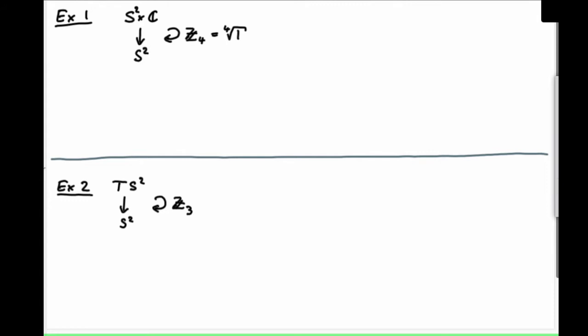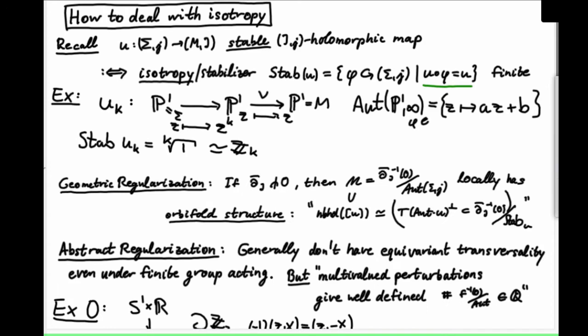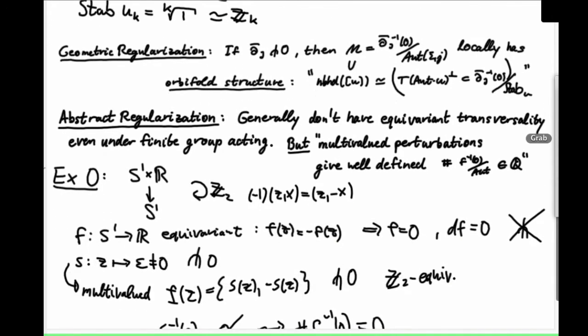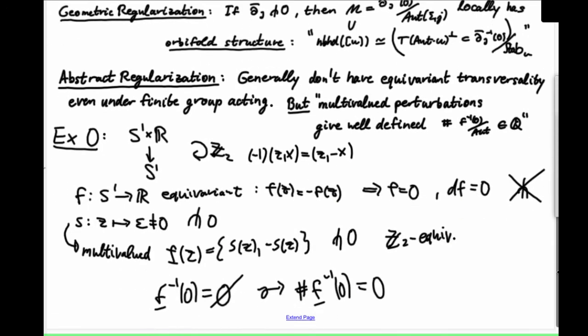Also, right, the other thing with this example is that there's not actually even an action on the base. So it's not the sort of quotienting by Z2 here that I really ought to be doing, because I'm looking at zero sets modulo the action.